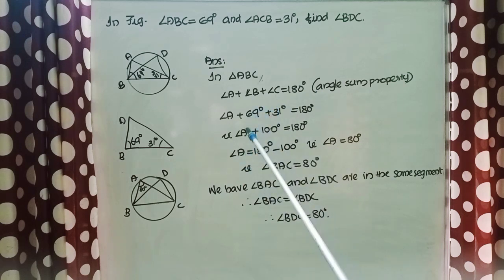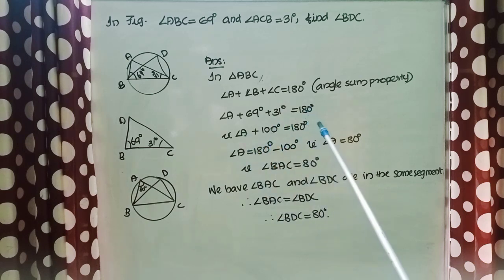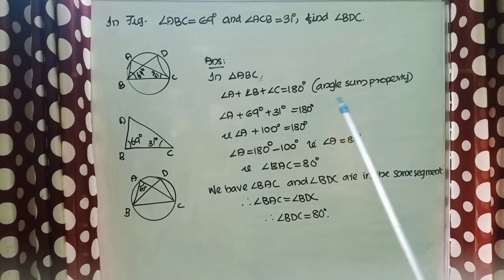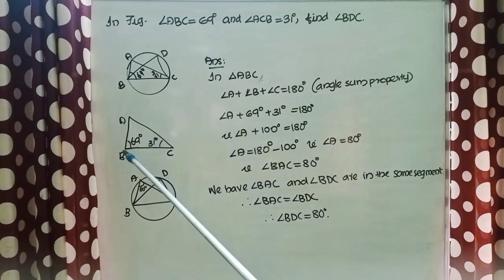That is angle A plus 100 degree equal to 180 degree. Therefore, angle A equal to 180 degree minus 100 degree. That is angle A equal to 80 degree. Angle A, the full name is angle BAC. We have got that is equal to 80 degree. Now you see this figure.